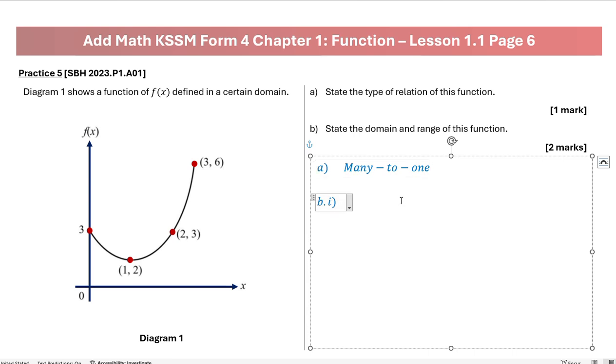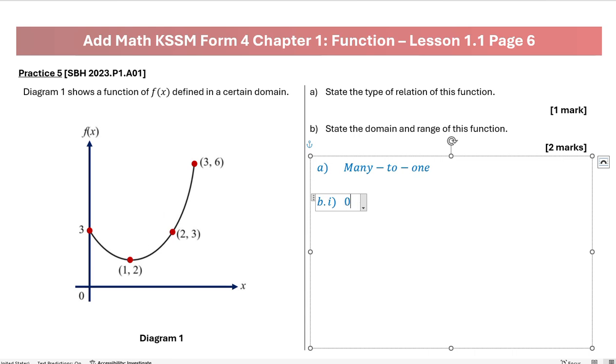B1, domain. Again, this is a continuous function. As I said, a student's mistake is simply to use the coordinates here, domain 3, 1, 2, 3. No, it's continuous. Any value from 0 to 3. So the leftmost is 0.